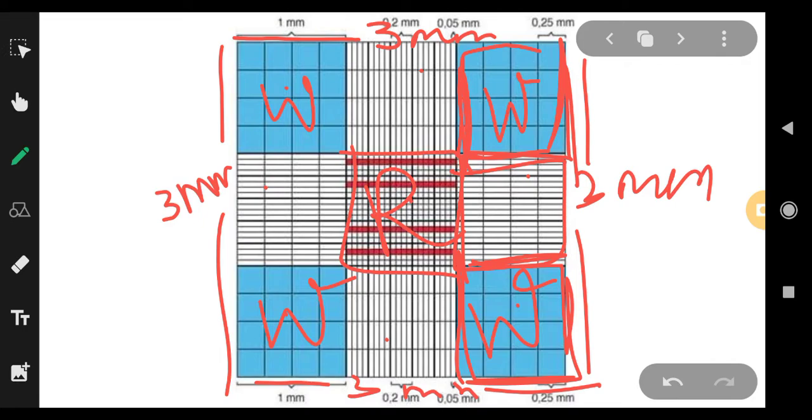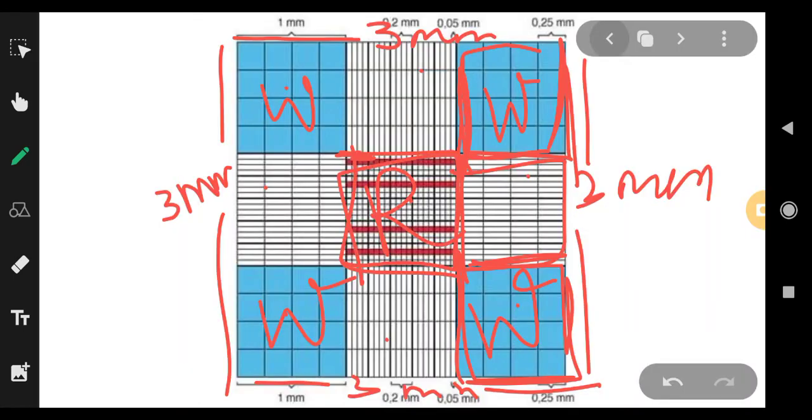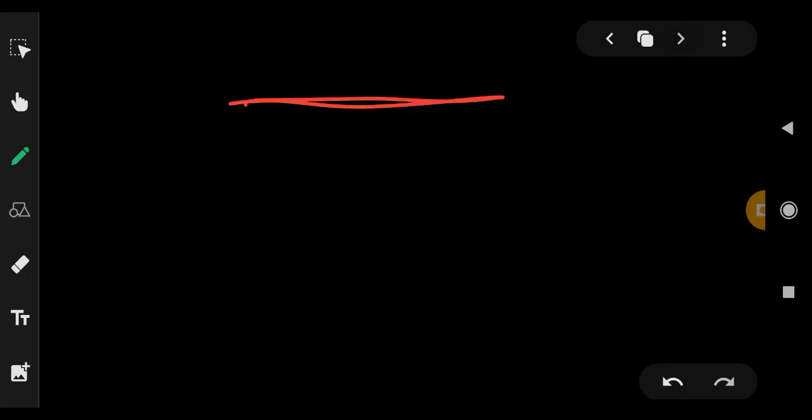Like for RBCs, see, there are 5 boxes. Since there are 5 boxes in this RBC box, let's zoom in. Okay, this whole thing is 1 mm. I am talking about the central box. I am talking about this box here.